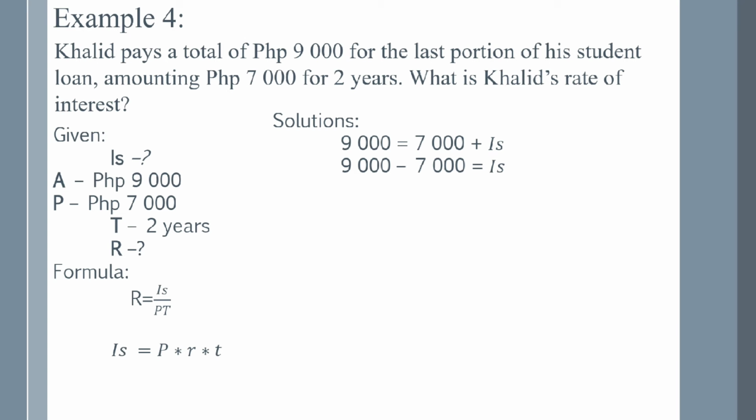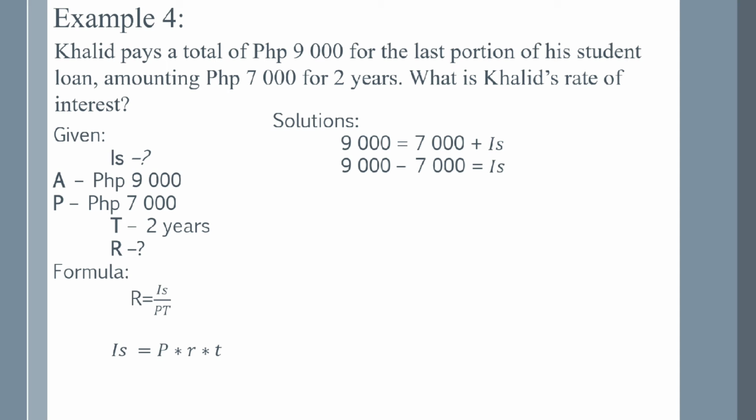With the givens laid out, we are still unable to solve the problem. However, if we look for the simple interest first, then we could satisfy the formula for the rate. But take note that this formula for simple interest may only be utilized if the total amount and principal are given. We are going to use the formula for total amount, which is total amount equals principal plus simple interest.